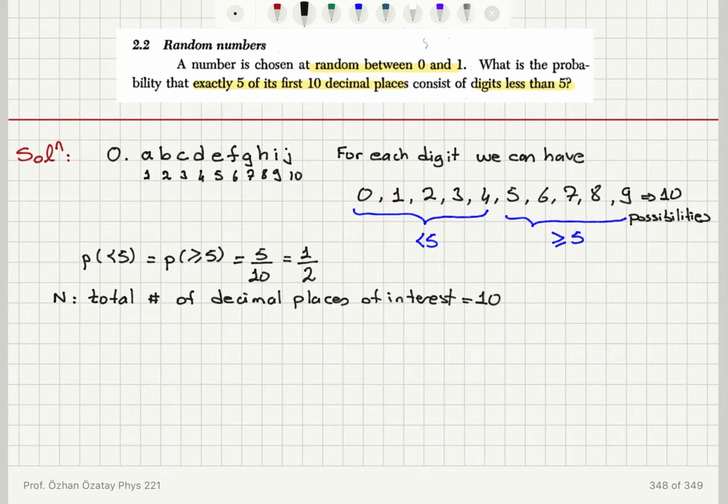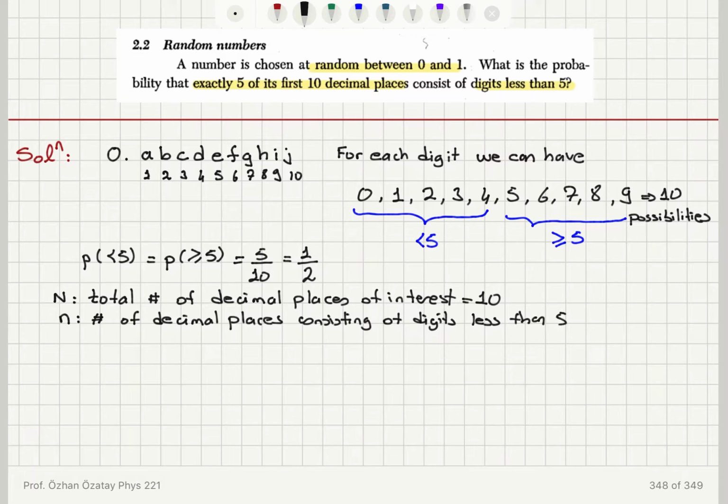So we're looking at 10 decimal places. n decimal places will have a value less than 5. So this is the number of decimal places consisting of digits less than 5.